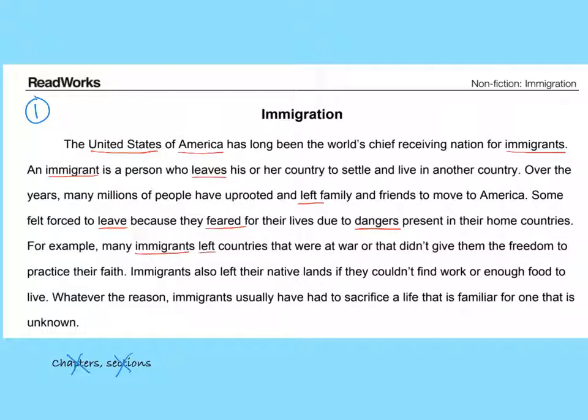Of course, again, we have immigrants left. And then we have immigrants left. And sacrifice is also an idea that I feel is perhaps related to danger. So these are some of the words just in this first paragraph that I found that are repeated words or repeated ideas.